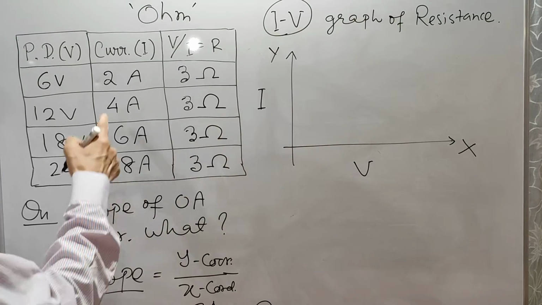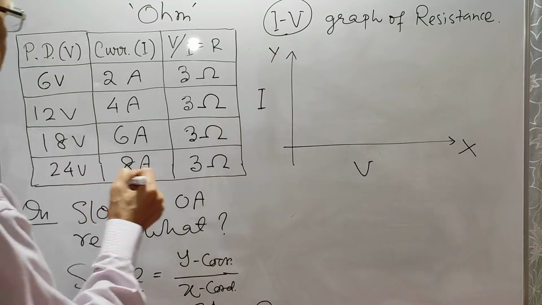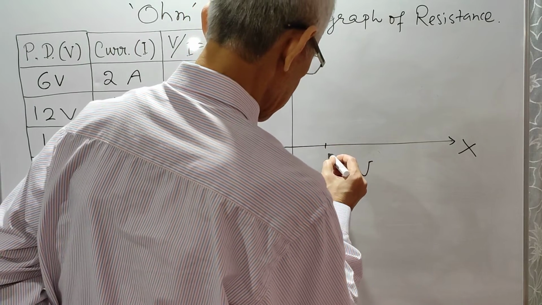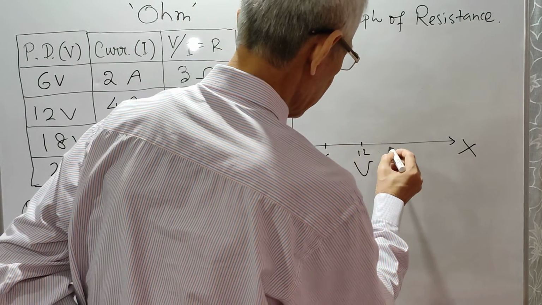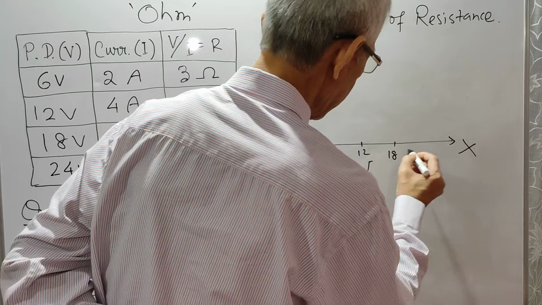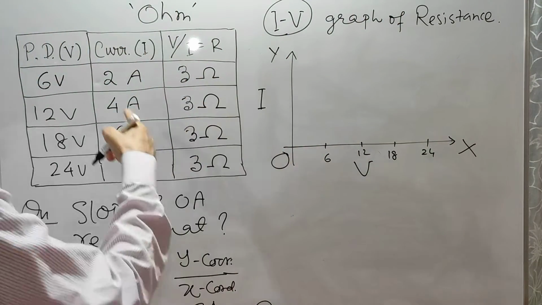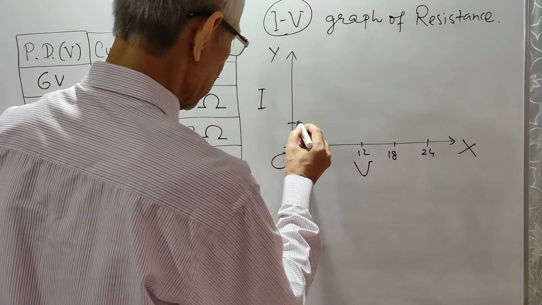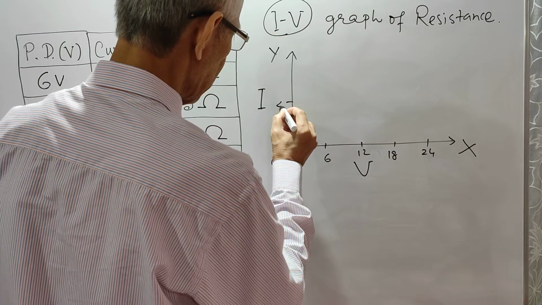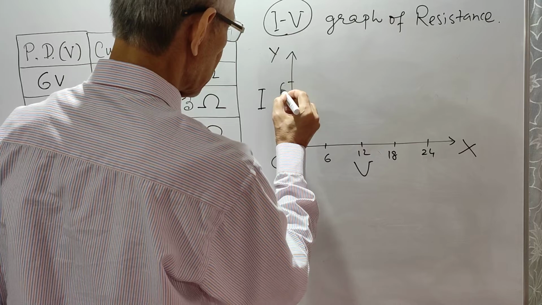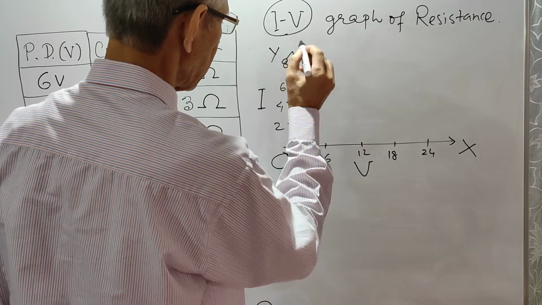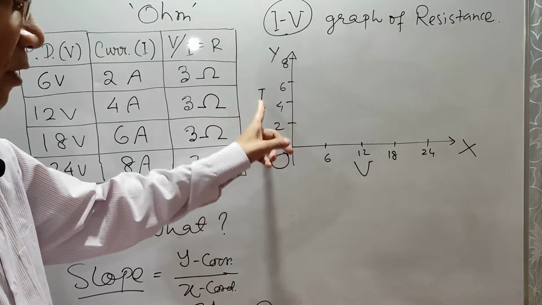So along the axis, what are the V values? 6, 12, 18, 24. This is origin 0. And what is I? 2, 4, 6, 8. So this is the IV graph.